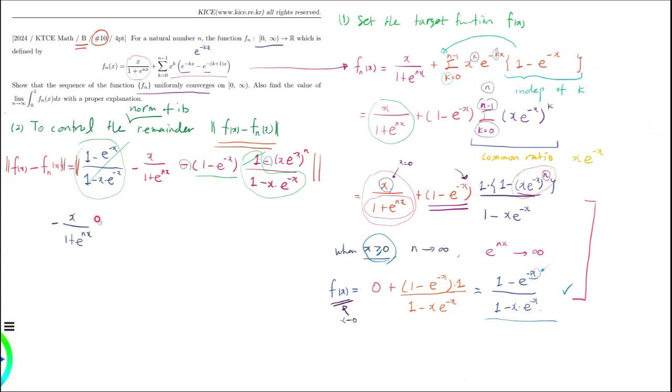Two minuses give us a plus, 1 minus e to the minus x times, let me write this one as, x to the nth power times e to the minus nx power over 1 minus x times e to the minus x power, and its norm here.